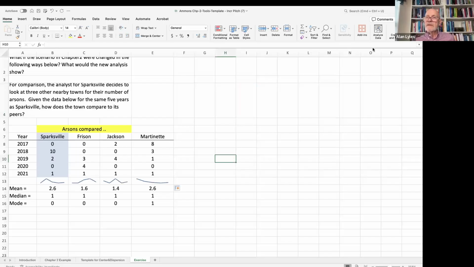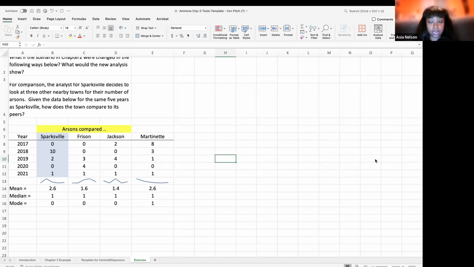Any thoughts on what we have now? Do you think this adds to the understanding of the observed arsons? Yes.